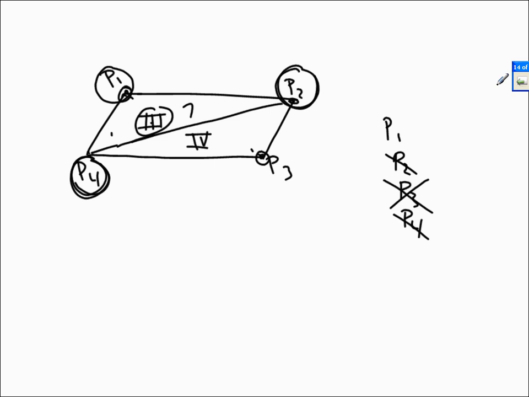Because if the upper area is 7, so is the lower area 7. Just double 7, and you get 14. If you wanted to calculate the area of triangle 4, you would use P4, P3, and P2. That is, you wouldn't use P1. All you do is pick any 3. That is, leave one out.